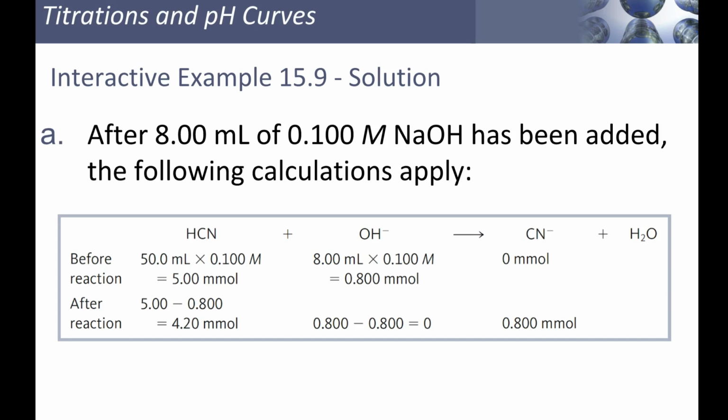Again, millimoles make it easier to do the calculations because then you're dealing with just numbers like 0.8, 0.5, and all that stuff, versus otherwise you're going to have to deal with like 0.003, and it's going to be really annoying, and you're going to have a whole bunch of negative exponents, which nobody wants to deal with because you're more likely to make mistakes. That's why the conversion to millimoles, by the way. So, you start with 5 millimoles of HCN, you add 0.8 millimoles of OH minus, and now you have 4.20 millimoles of HCN. Okay?